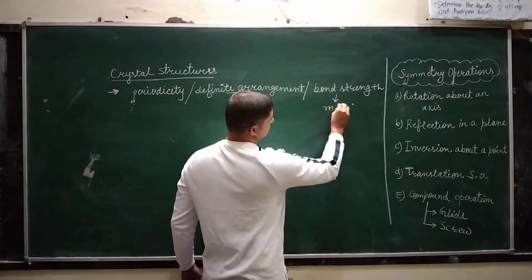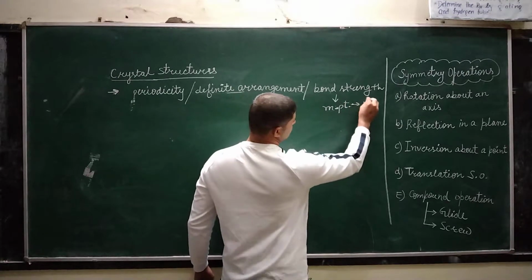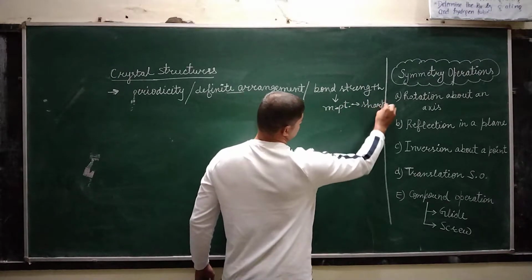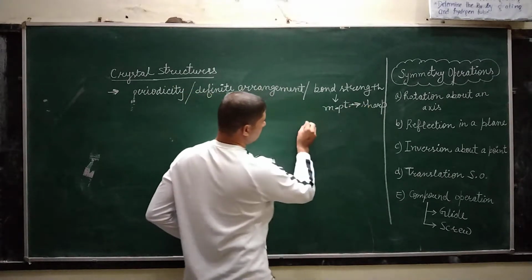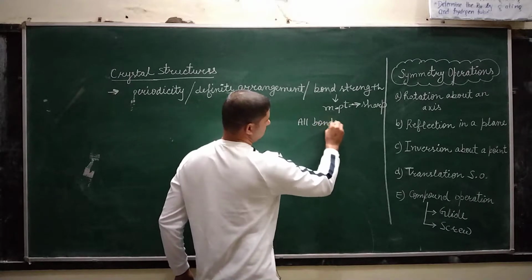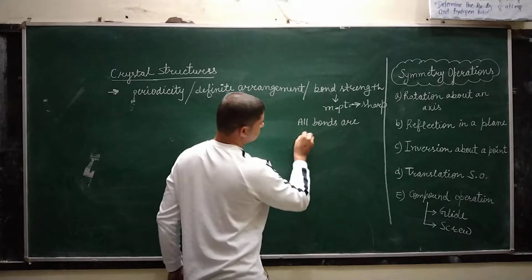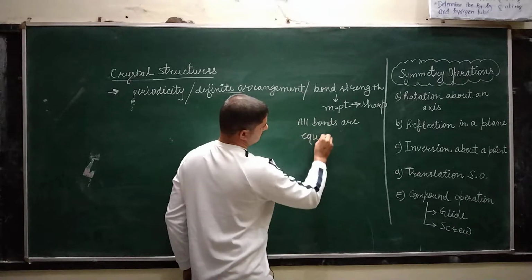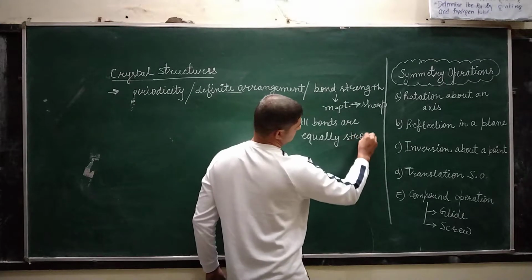That's why the melting point was sharp. Class, melting point was sharp because all bonds are equally strong.